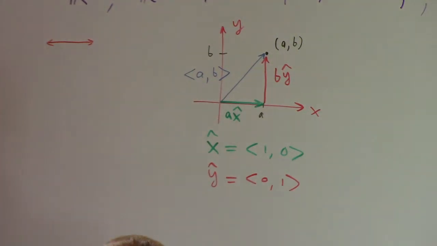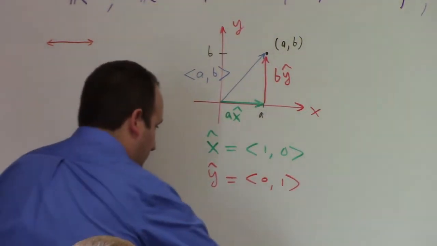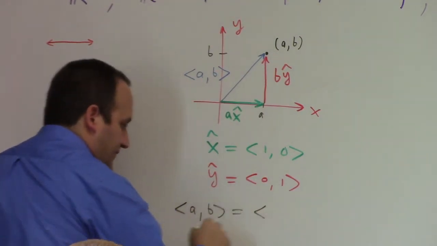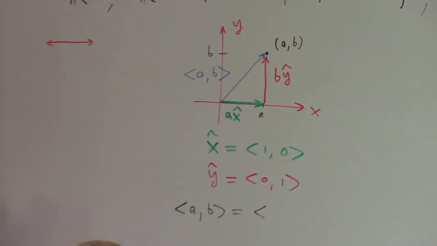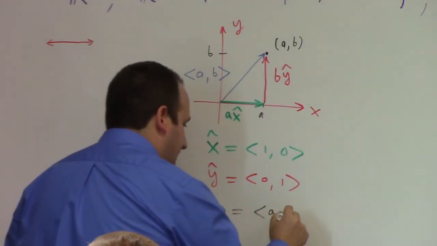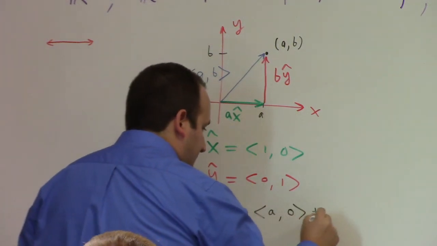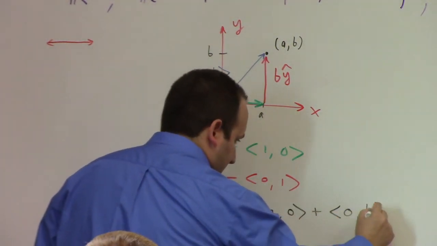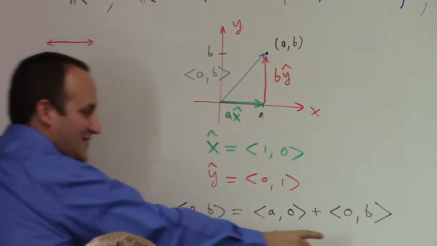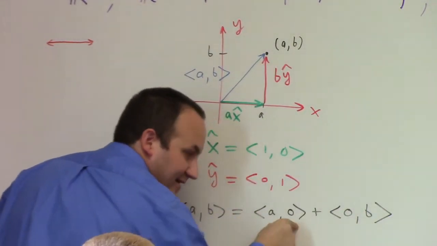So when I write A x hat, what is that actually? Let me just do the whole calculation down here. So what we have is AB, and here's the way vector addition works. It works component-wise. It's easier to understand if you read this menu style, which is right to left. So add this to that. How do you add vectors?